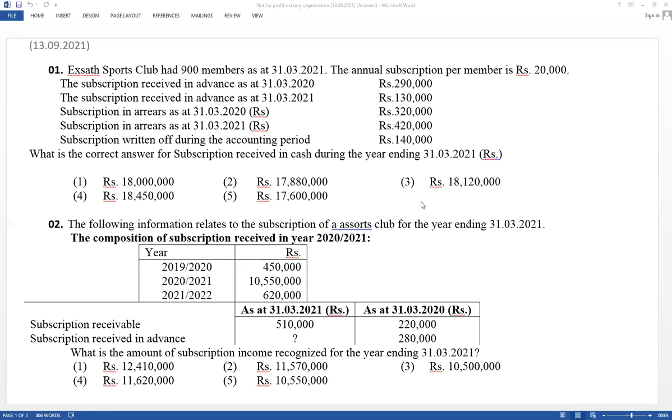It may be sole proprietorships, it may be partnerships, it may be company, it may be not-for-profit making organization. Already we have discussed 3 organizations: sole proprietorships, partnership, and not-for-profit making organization.